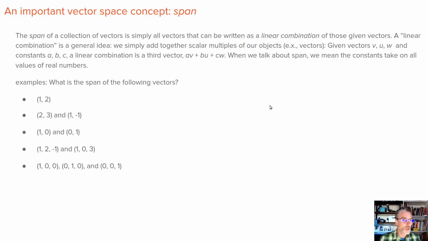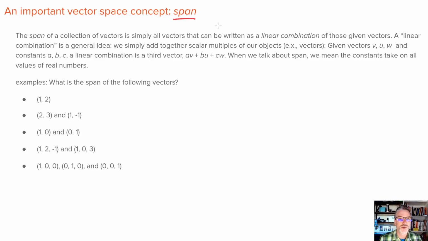Now, when we have a vector space, we want to be able to describe the vectors in that space. This is like your familiar Cartesian coordinates. We want to be able to do that in any vector space. And in order to do that, we're going to look at span and linear independence.